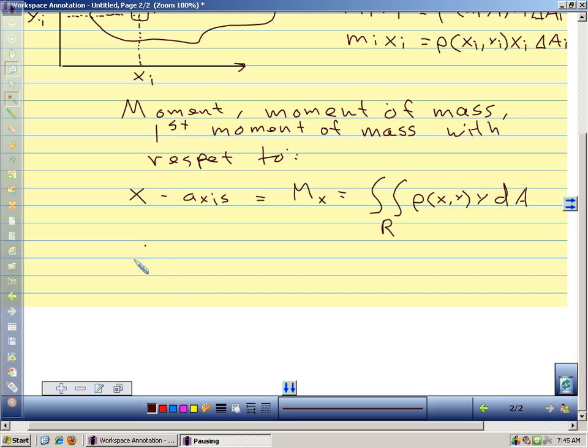And about the y-axis, m sub y, and that is our double integral just weighted by its distance from the y-axis. Rho of xy, x dA.